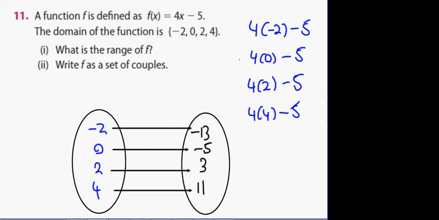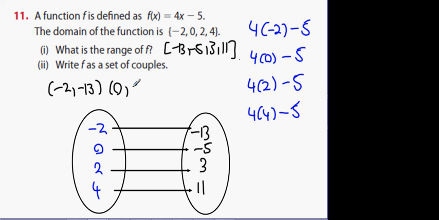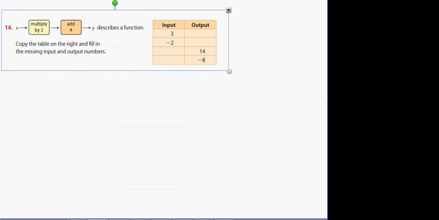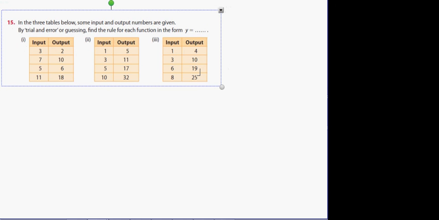Okay, minus 13, minus 5, 3 and 11. How do I write it as couples? Minus 2, minus 13, 0, minus 5, 2, 3, 4, 11. Okay, easy. I won't do that one, that's easy as well, isn't it? Just put them in and figure out what it is. It's easy. Number 15 might be hard though.